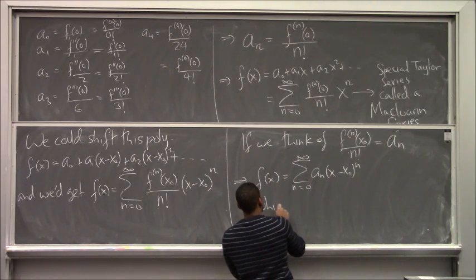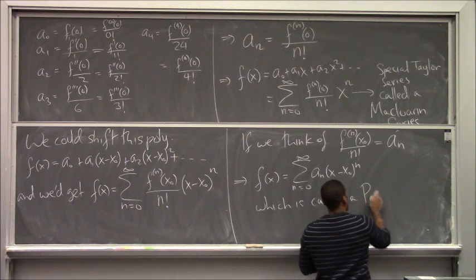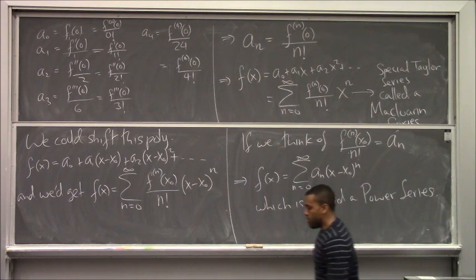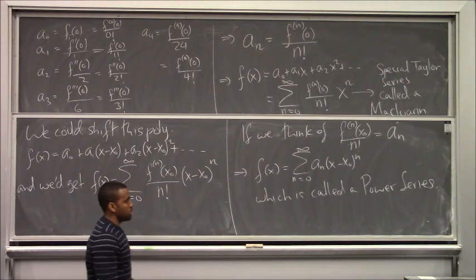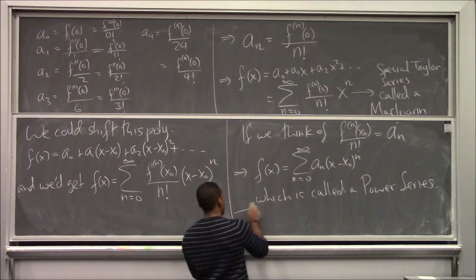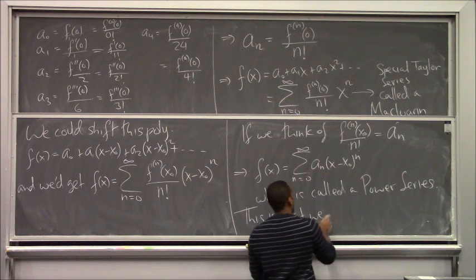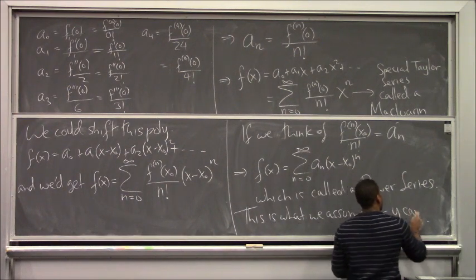And this is called a power series, because it expresses f as a power function, as a polynomial. This is what we assume our y can be written as.